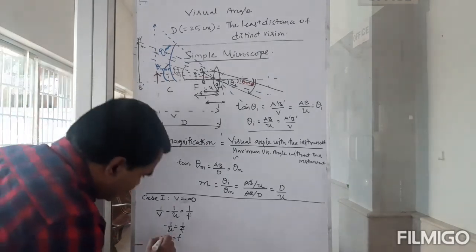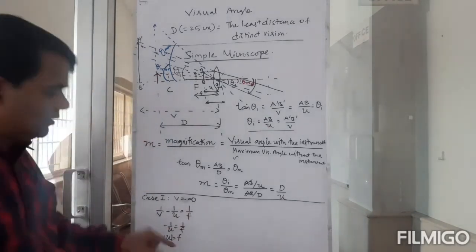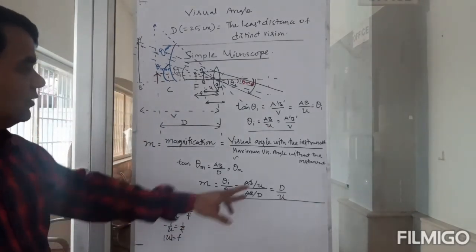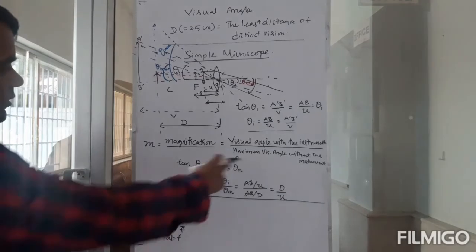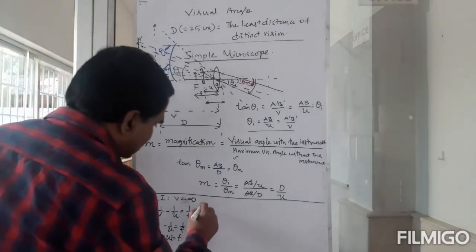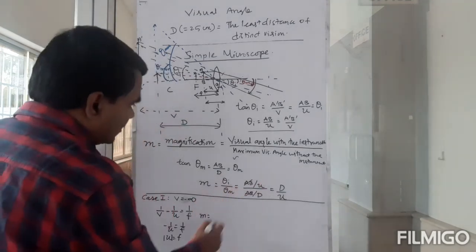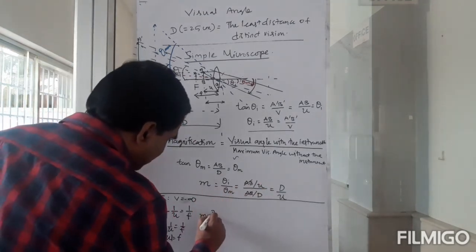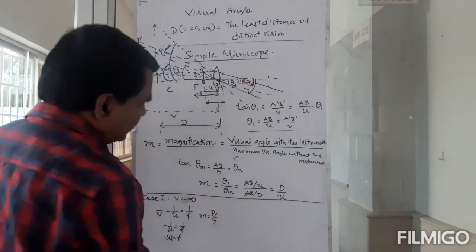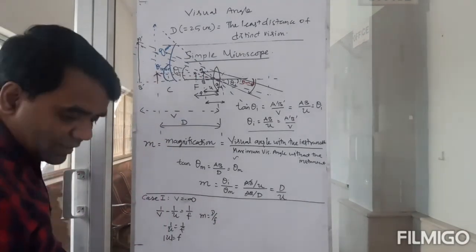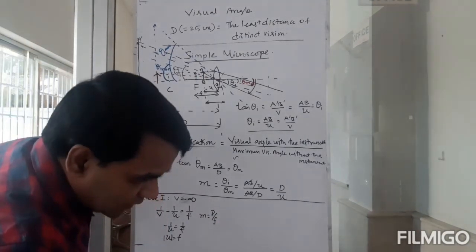So magnification M in this case is going to be equal to D by F.